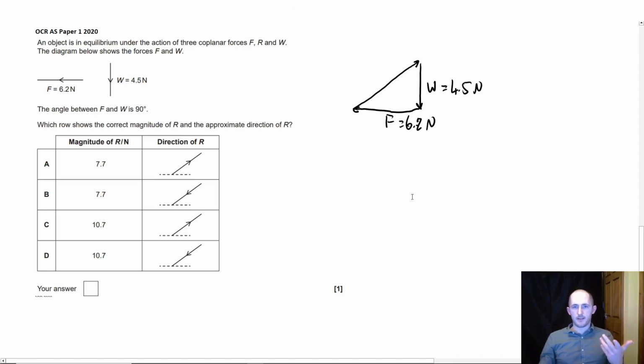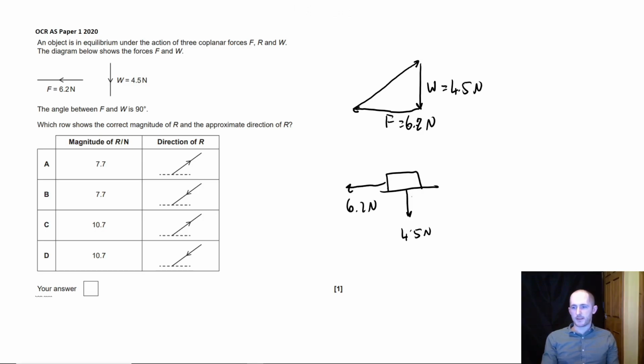The other way to look at it is, if I were to draw this object out, its weight is going down by 4.5, and it's being pulled to the left by 6.2, right? So that's W and that's F. For it to be in equilibrium, we need to cancel out those forces. So one component is going to be to the right by 6.2, and the other component will be going up by 4.5, right?